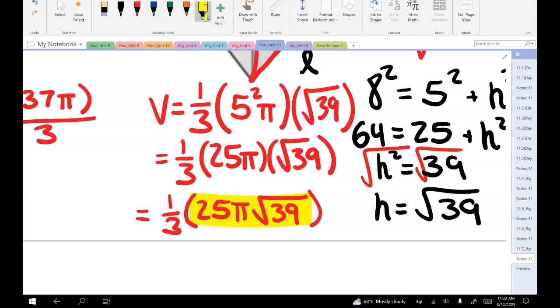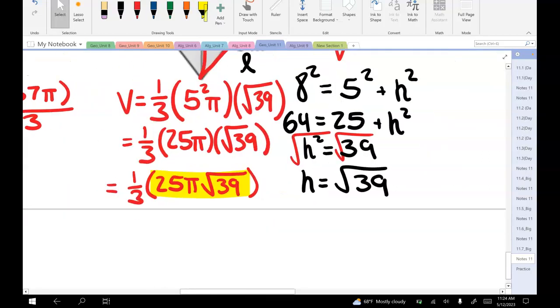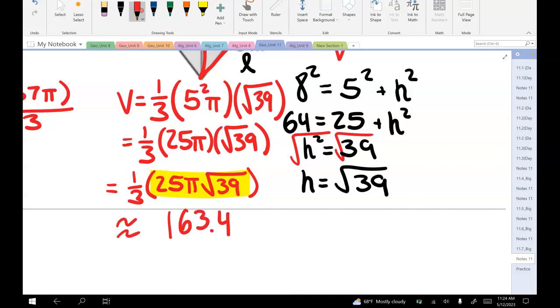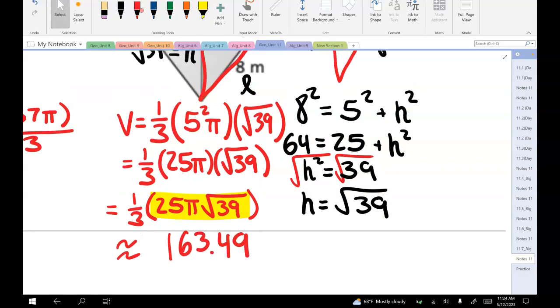So 25 pi times the square root of 39, you get 490.4809958. And then we split that into thirds, so we divide by 3. And you get approximately, rounding to the nearest hundredth again, 163.49, and then what are our units?